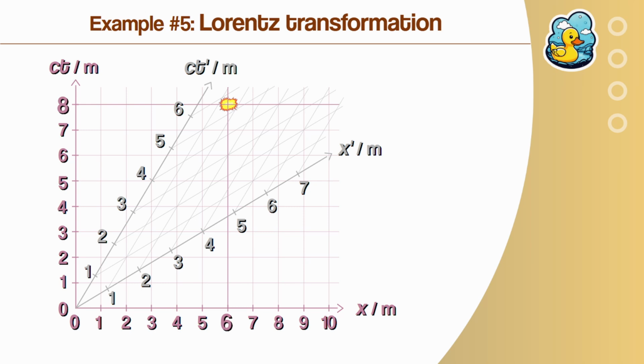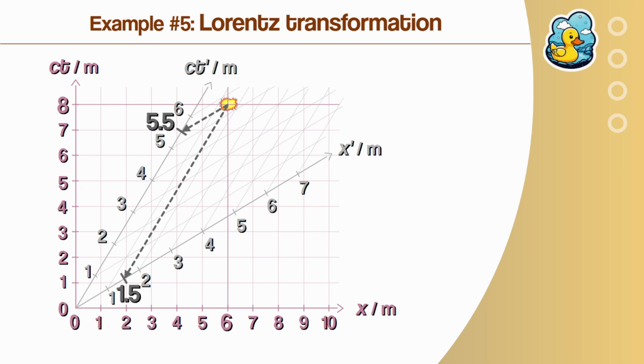So, from the event, draw a line parallel to the x- axis until it meets the ct- axis. This gives ct-. Then draw a line parallel to the ct- axis until it meets the x- axis. This gives x-. We find x- equals 1.5 meters, ct- equals 5.5 meters.